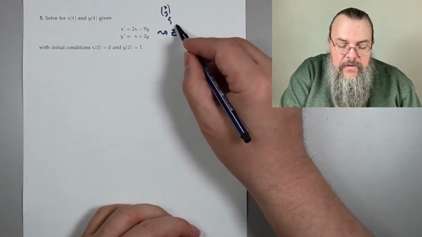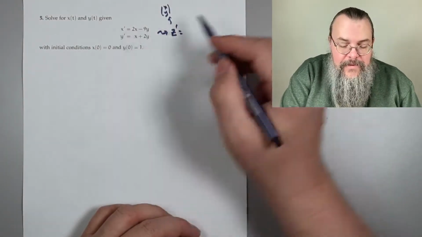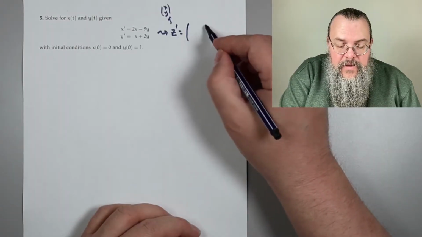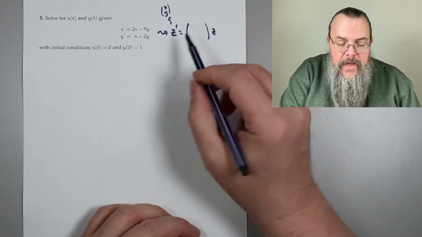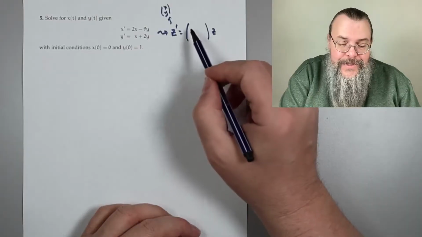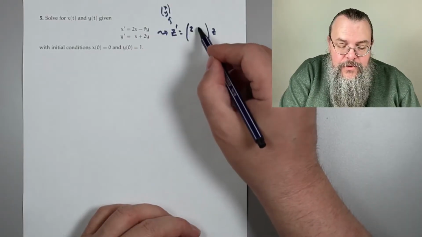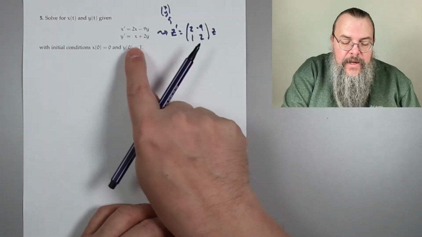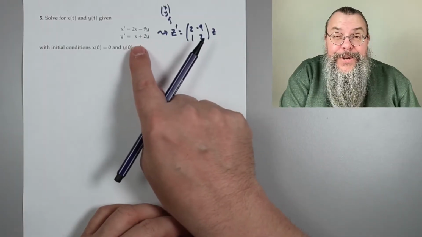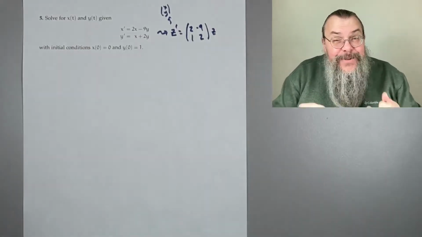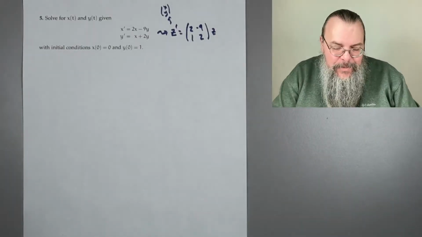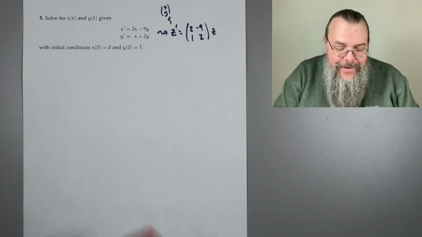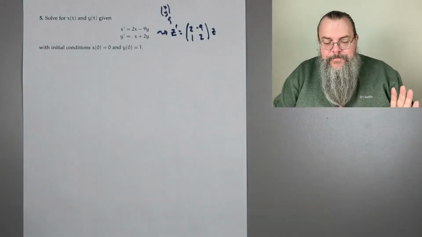And so you get z prime, that's the derivative on the left-hand side, equals something times z. And here we're going to put our coefficients. So we have 2, minus 9, 1, 2. And, you know, we double check, make sure they're in the right order. They have in the past sort of been sneaky and switched things, but we're not going to let them catch us off guard. X first, Y second, good.